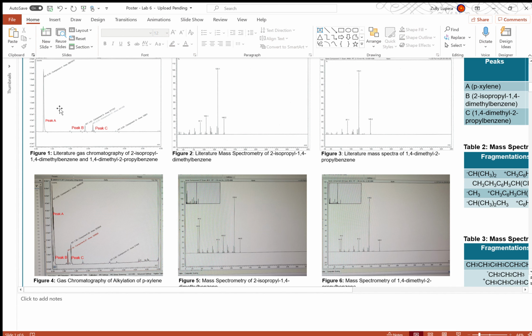So we can observe that we have 3 major peaks, peak A being the p-xylene, peak B being the 2-isopropyl-1,4-dimethylbenzene, and peak C being the 1,4-dimethyl-2-propylbenzene. We can observe that peak B has a smaller retention time than peak C in both. And we can also observe that peak C has a relatively higher area under the peak.